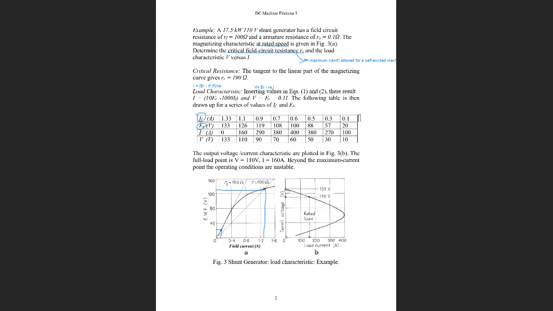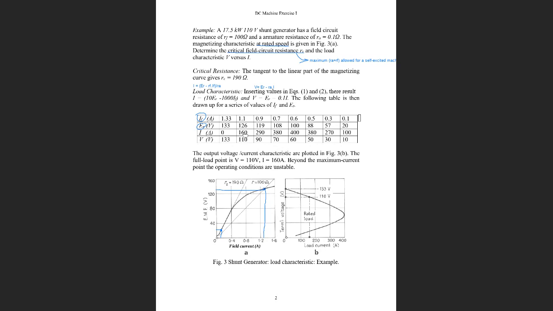If the field current is 1.1 amperes, for example, something like here, then the internal generated voltage will be 126 volts.